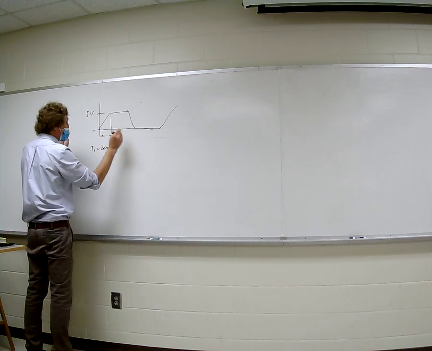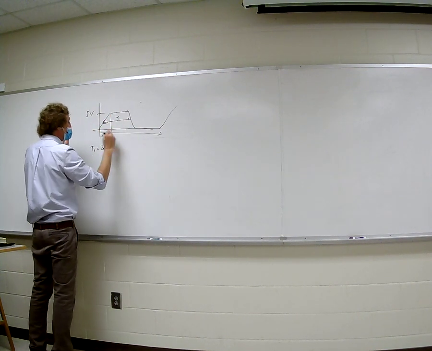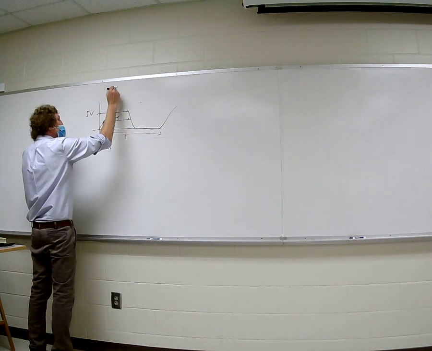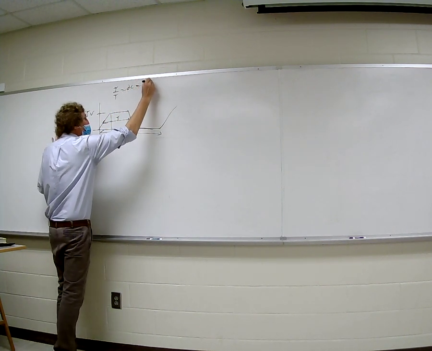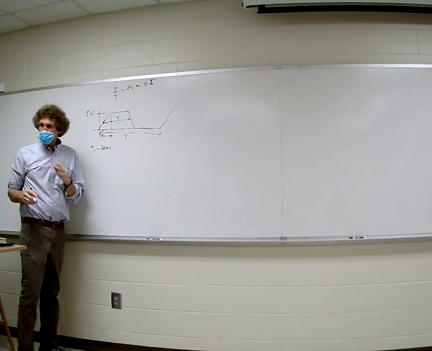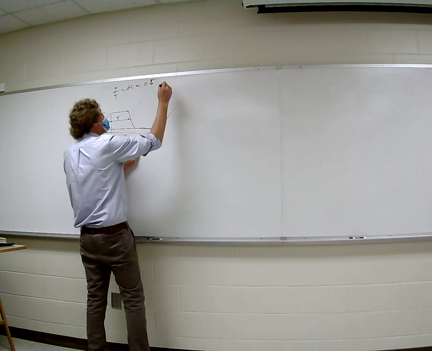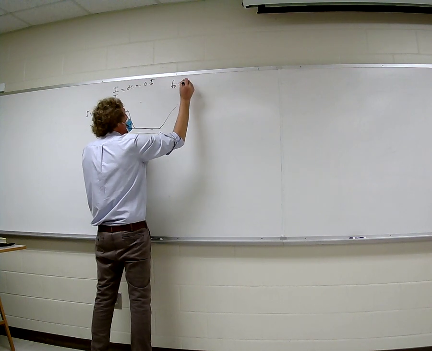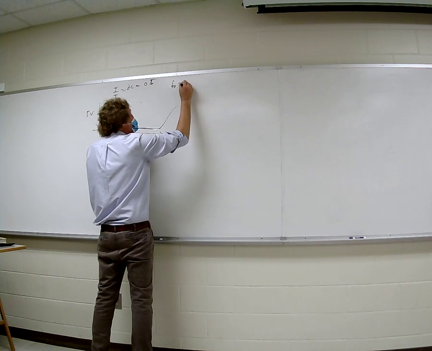The actual duration over the period is 50%. So this is called a duty cycle. It is going to be 0.5. That means it's on half the time. That's all it means, really. Then if I take a look at this, I'm going to say the fundamental frequency is equal to 10 megahertz.